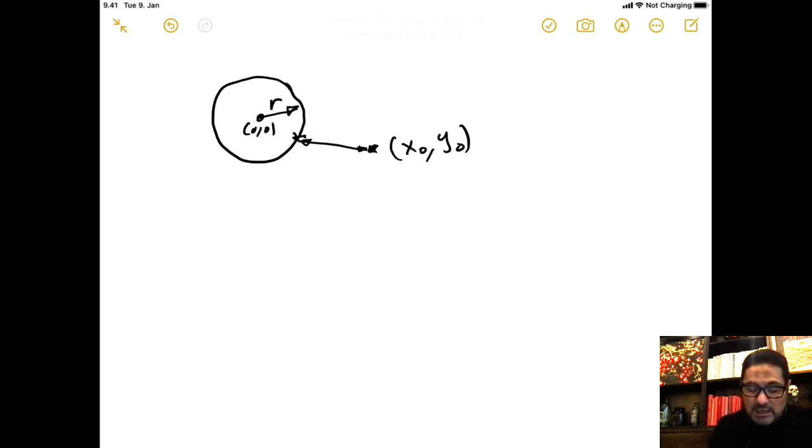It means, what is the point here? If we call this point x and y, what is x and y which will have the minimum distance with this point x0 and y0?